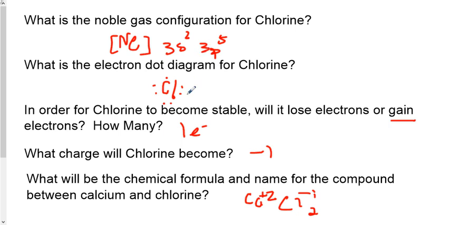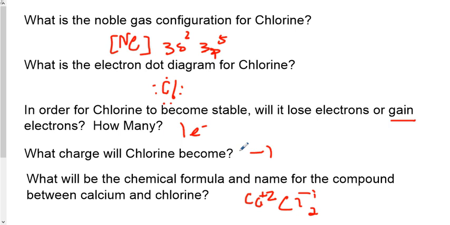It has 7 dots. Now chlorine wants to become stable, so it could either lose 7 electrons or simply gain 1. So it's going to take the quicker route. It's just going to gain 1 electron. Now electrons are negative in charge, as determined by the J.J. Thomson experiment.